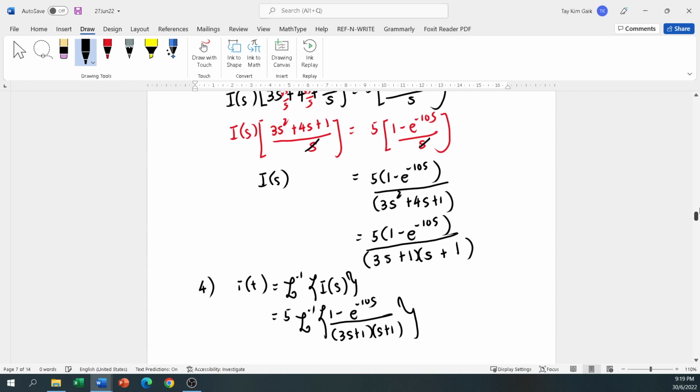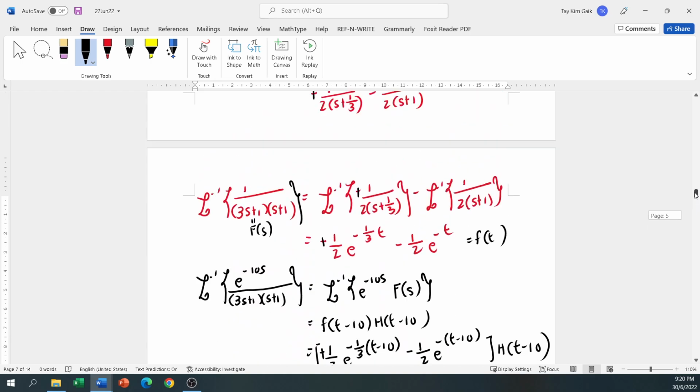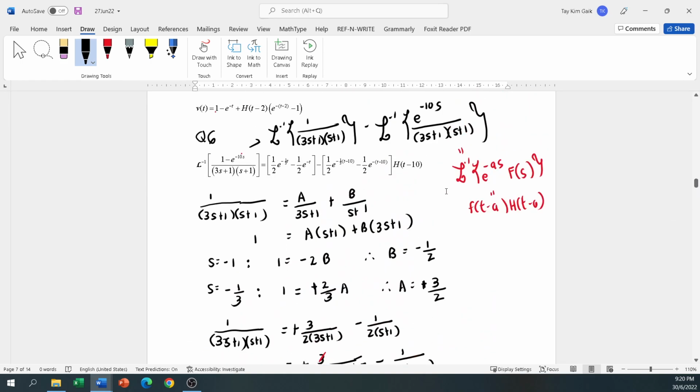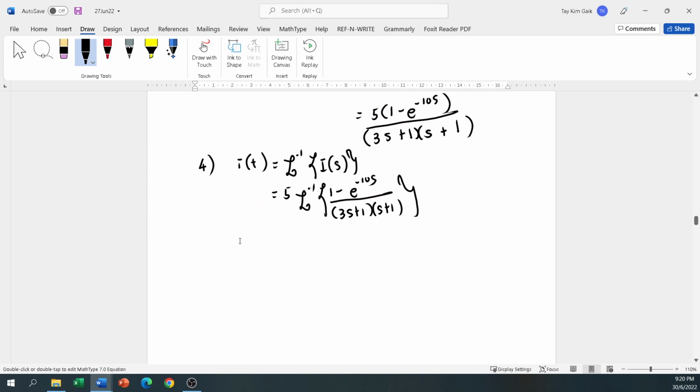From question 6a, we already obtained the inverse Laplace of 1 minus exponent negative 10s over (3s plus 1)(s plus 1), as given in the proof that they asked us to prove. From 6a, the proving part there.